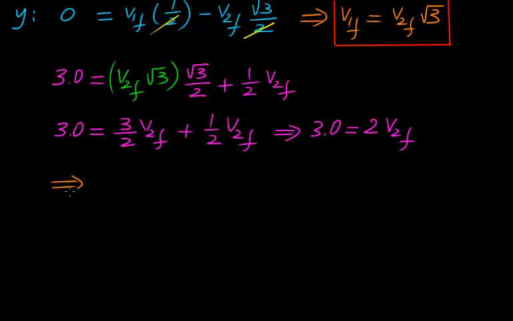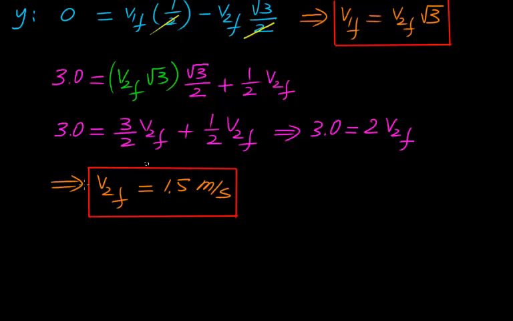Solving for v2 final, we obtain 1.5 meters per second. Substituting this value of v2 final in the other equation that relates v1 final to v2 final, we obtain v1 final to equal 2.6 meters per second.